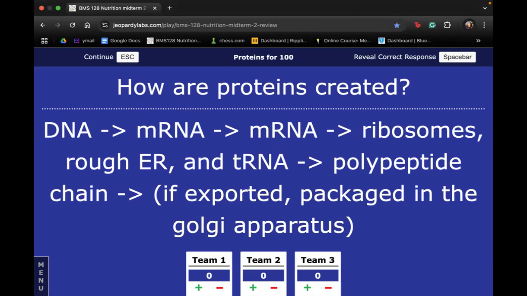And then the tRNA creates the polypeptide chains, and they're exported through the Golgi apparatus.